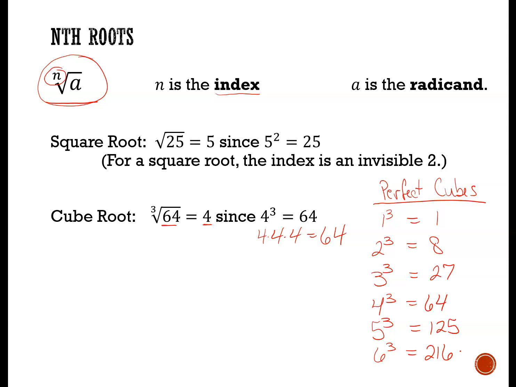So I'd like for you to know at least these 6 perfect cubes and their cube roots. So if I said, what is the cube root of 216? Then you would automatically know, okay, the answer to that is 6, because 6 cubed is 216.